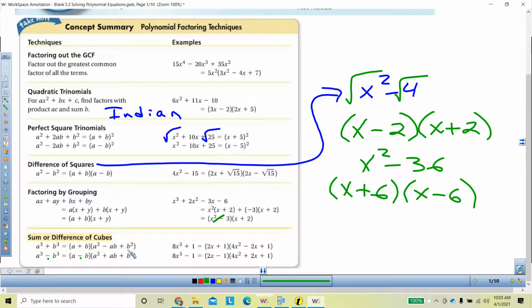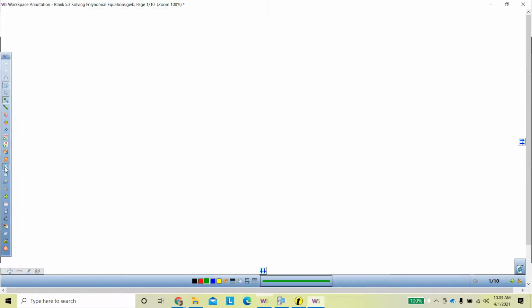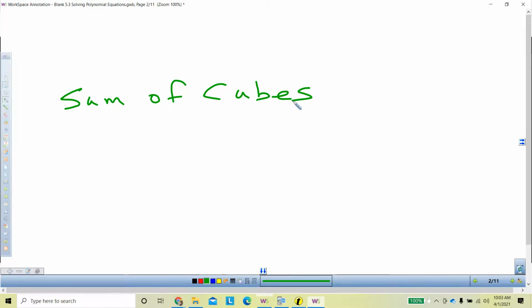So many of you guys don't know numbers you can cube root. So you need to know how to cube root stuff on your calculator. So I'm just going to make up one of these sum and difference of cubes problems. So we'll do sum first. And I'll give you like the easiest problem I can possibly give you for this kind of problem.